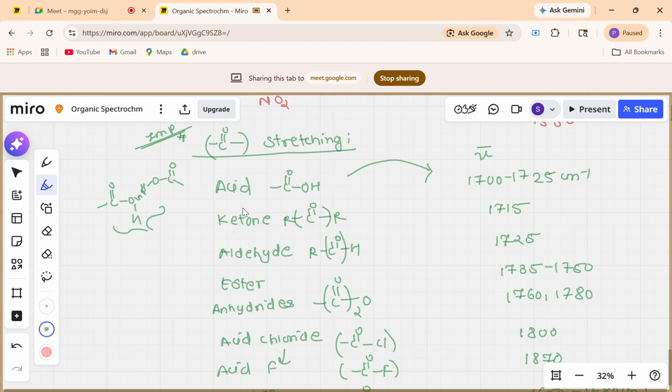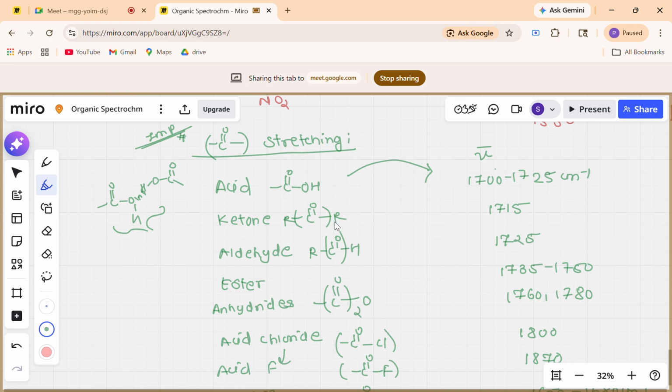So in an interview they can also ask like this, if they are discussing a question regarding organic spectroscopy, they will just ask you to tell a rough value, and you don't need to be absolutely precise with mathematical figures. Even if you are not able to tell, that's fine, but the range, in what range the acid group will give you the value, in what range ester will give you the value, and discuss why it's happening, why there is a difference in the stretching frequency, and what factors are affecting it.